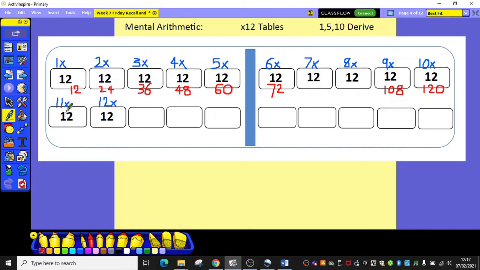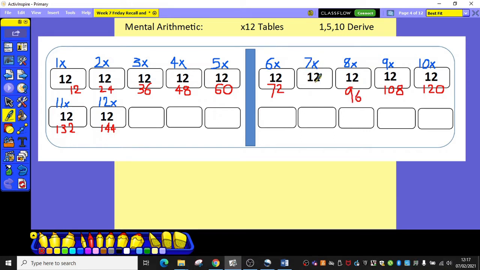And we just did 12 times 11. The answer was 132. And I can see that by adding 12 to 120, I get to 132. 12 more than this is 144. So 8 times 12, well, I could double my 4 times 12, so that's going to give me 96.